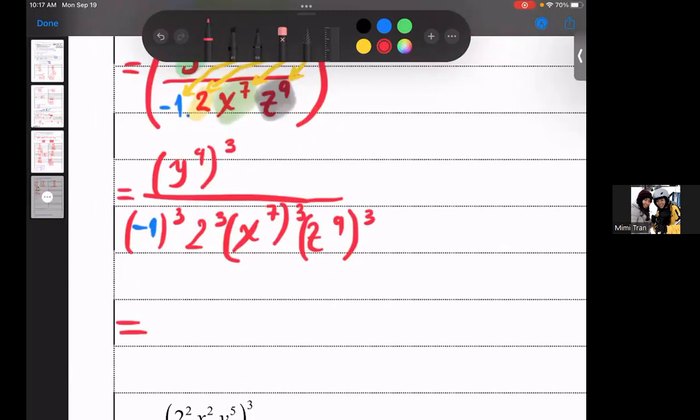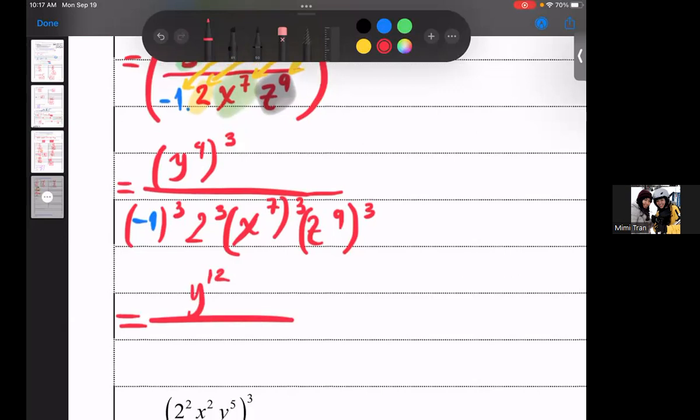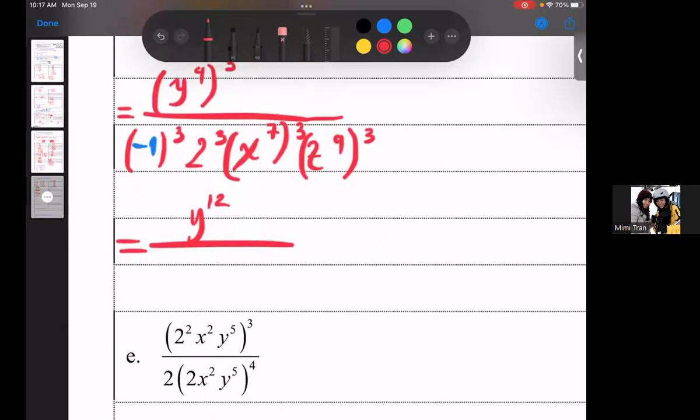Final answer. Thank you. What's negative 1 cubed equal? Negative 1. Negative 1 times 2 cubed is 8. So x to the 21 and then z to the 27.